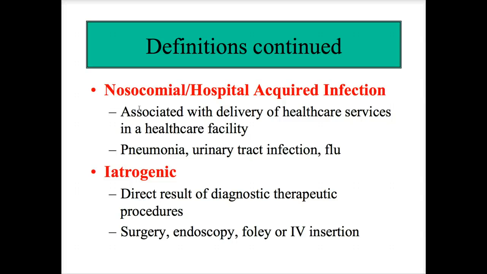It's also important to realize that when patients acquire infections in the hospital, their length of stay can increase, and therefore healthcare costs can increase, and so it becomes a difficult process for both the patient and the facility.